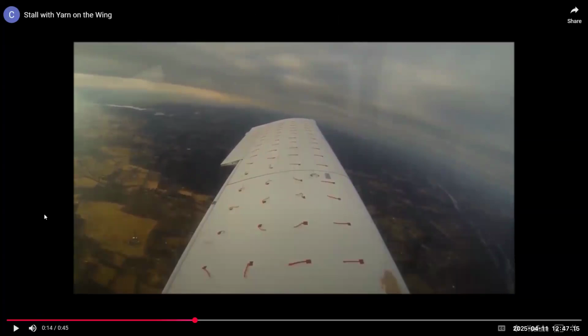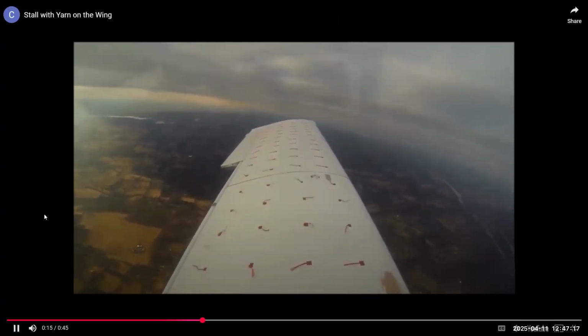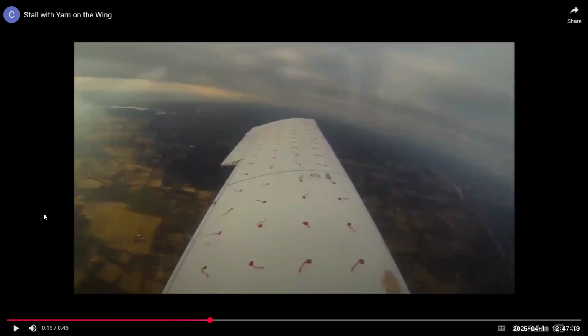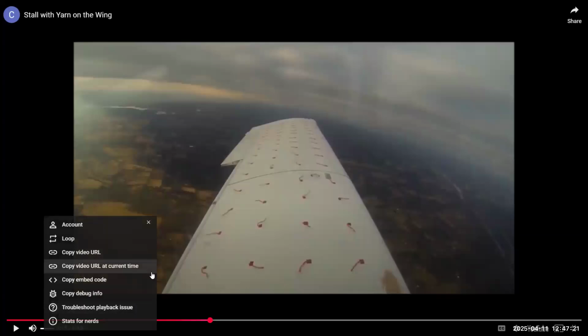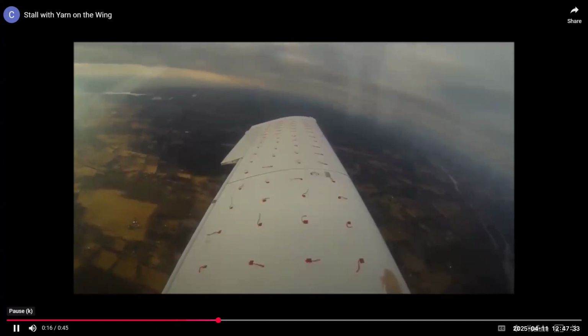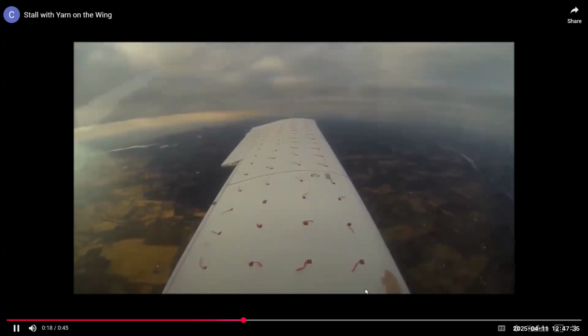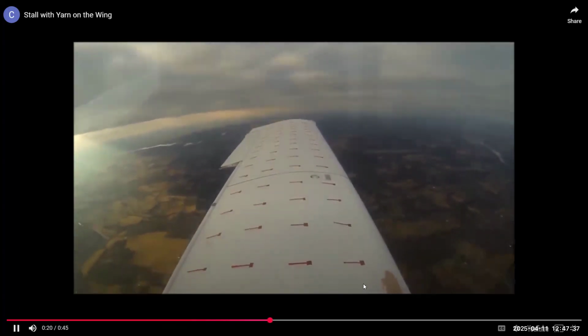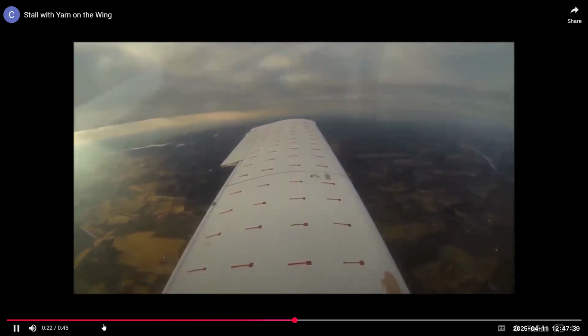Which one's still producing lift? And this one almost stays until the very end. Pay attention to all of them except this one. So we said it starts at the root, right? This is the last one that really loses. It starts at the root and then it goes outward, right?